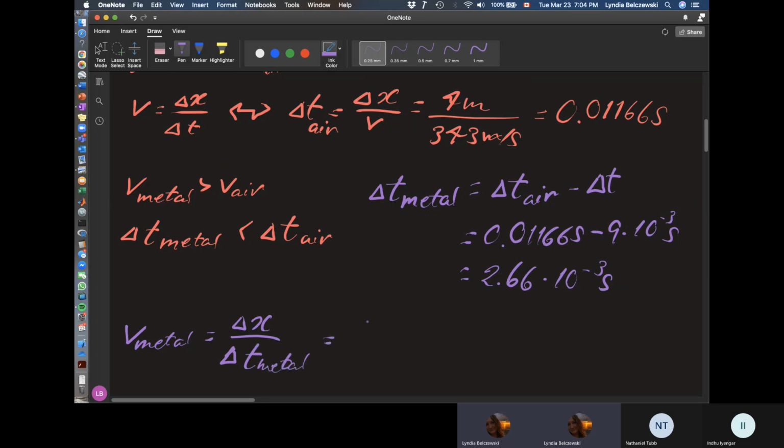That's just the 4 meters that the sound traveled through the rod, divided by 2.66 times 10 to the minus 3 seconds that we calculated it took to travel this distance. And so I'm getting about 1,503 meters per second being the speed of sound in the metal.